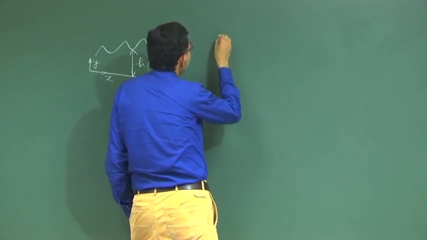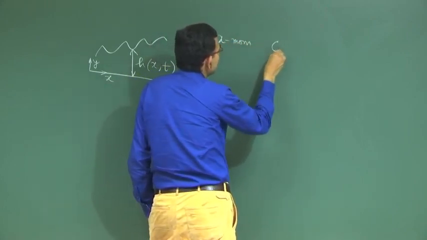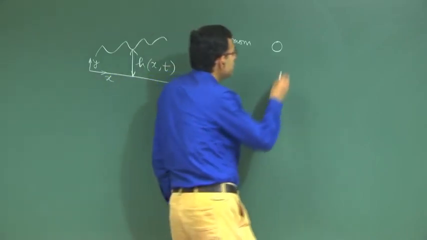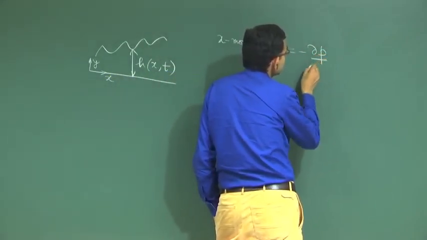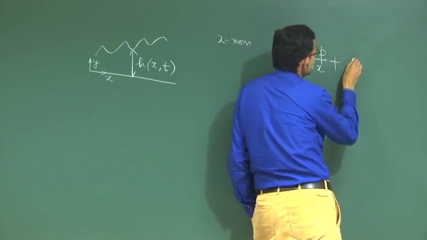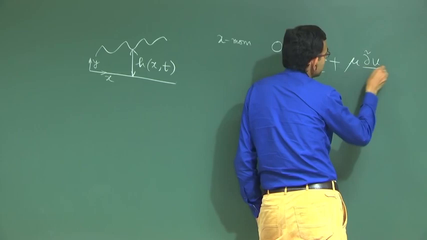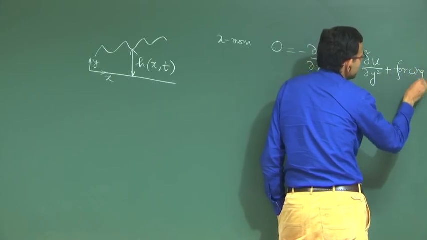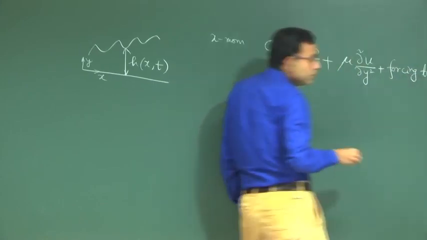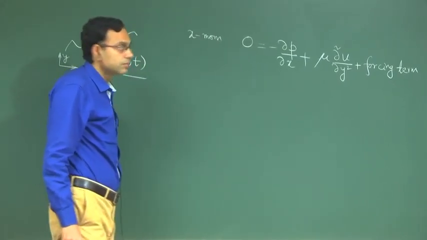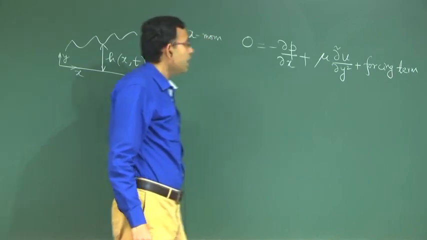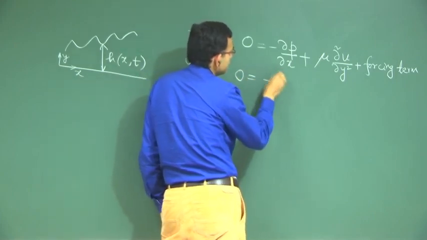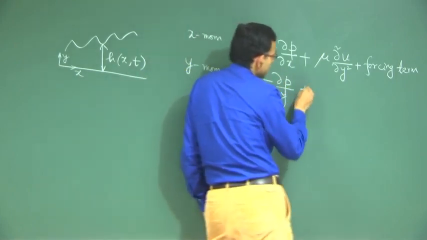So, the x momentum equation for the gap height much smaller than the length will be 0, plus a forcing term, right, and y momentum plus a forcing term.